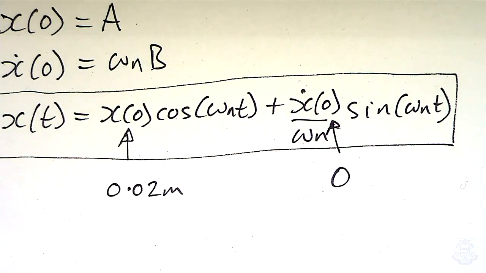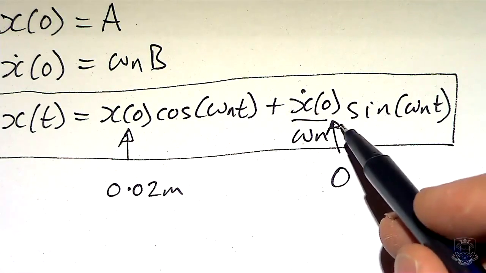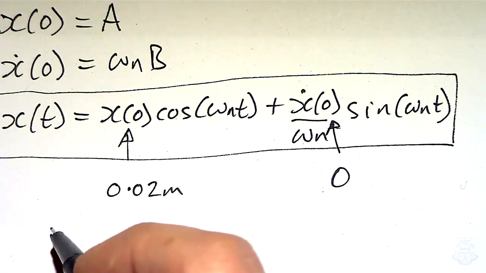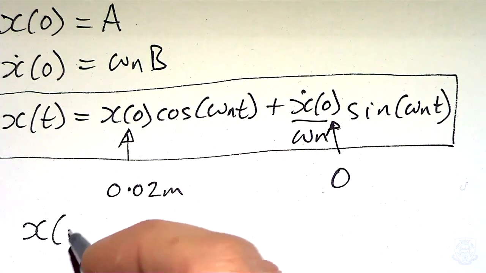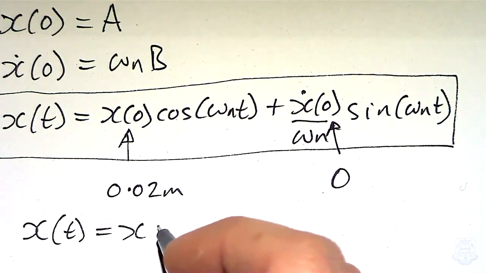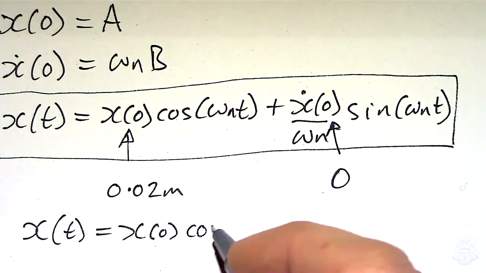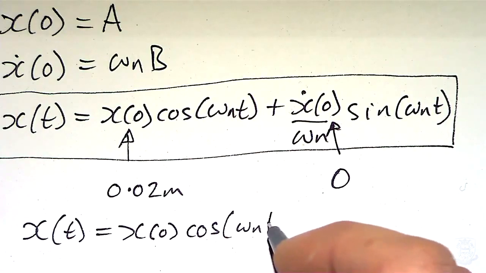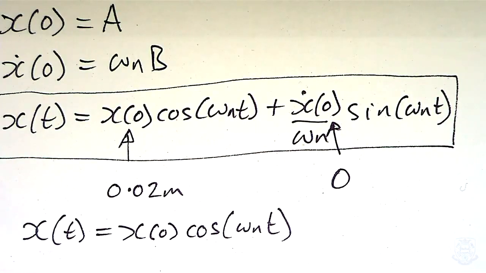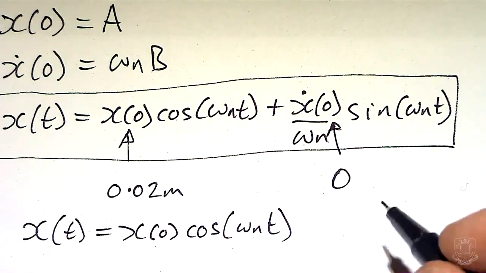Because this initial velocity is set to 0, the equation simplifies to just a cos term. And if you think about it, that kind of makes sense, doesn't it?